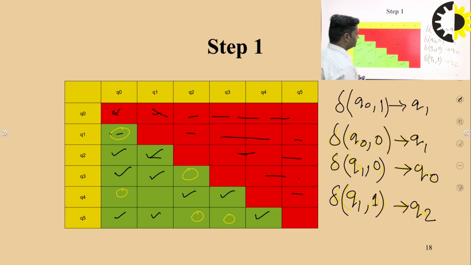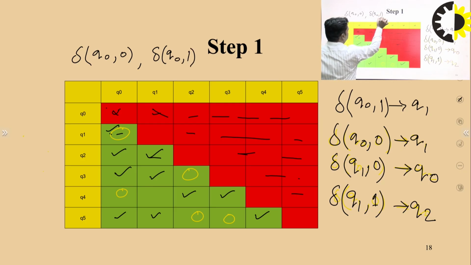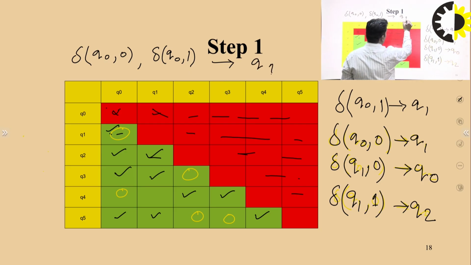So we check here for this pair of state transitions: Q0 0, comma, transition Q0 1, then we get Q1.